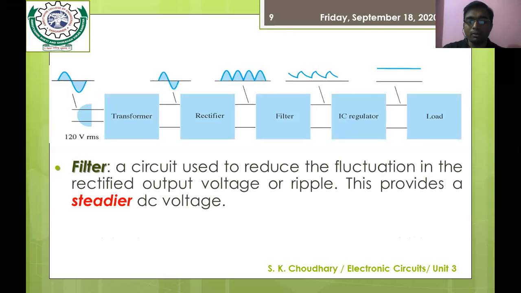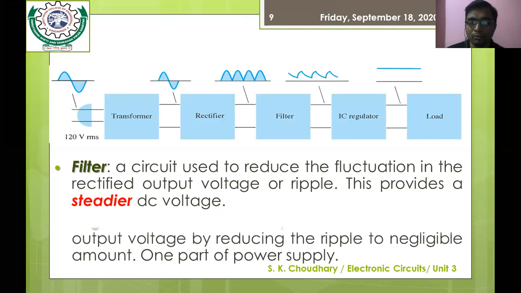So the next stage after the rectifier is a filter. What is a filter actually? It is a circuit used to reduce the fluctuations, or ripple, in the rectified output voltage. Whatever fluctuations are offered by the rectifier have to be reduced by the use of a filter, and this provides a steadier DC voltage.